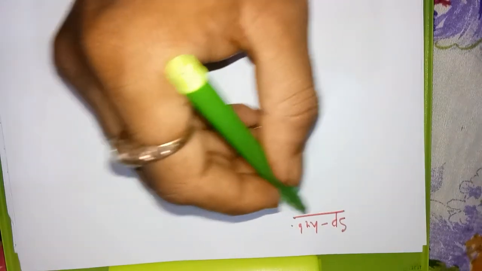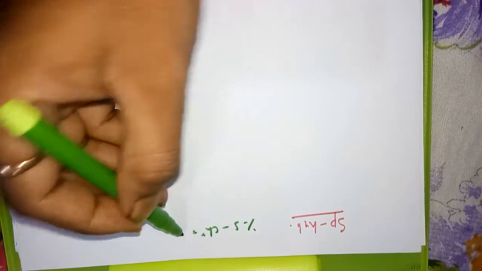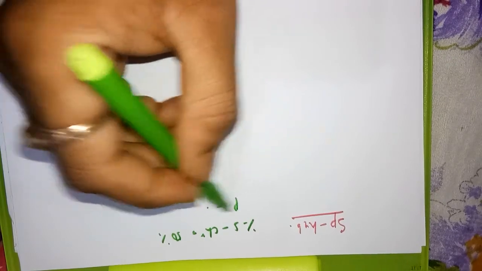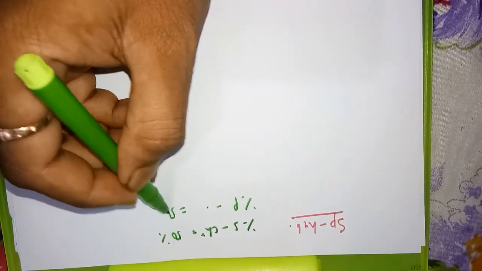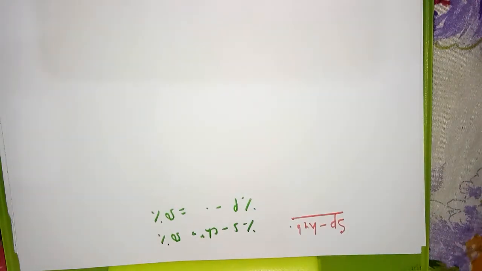In sp hybridization, the percentage of s character is 50% and the percentage of p character is also 50%, because s and p are shared. The full 100% is shared between 1s and 1p, so that will be 50% each.